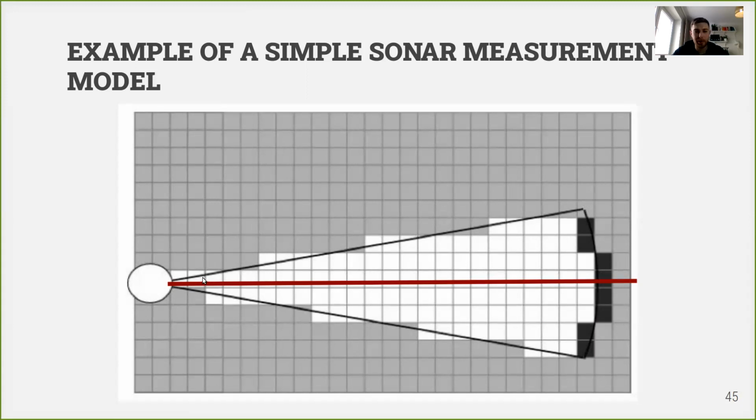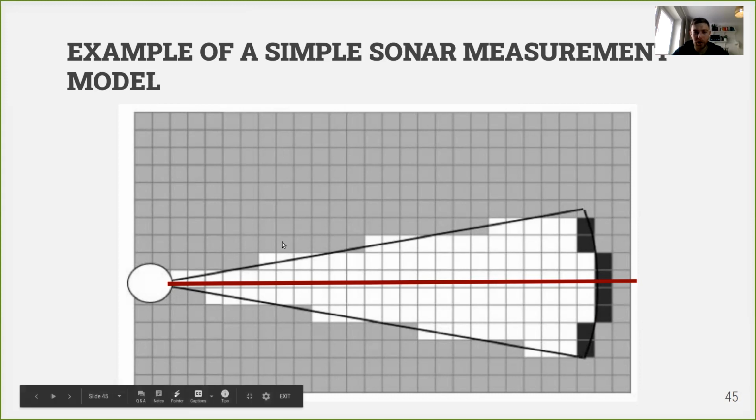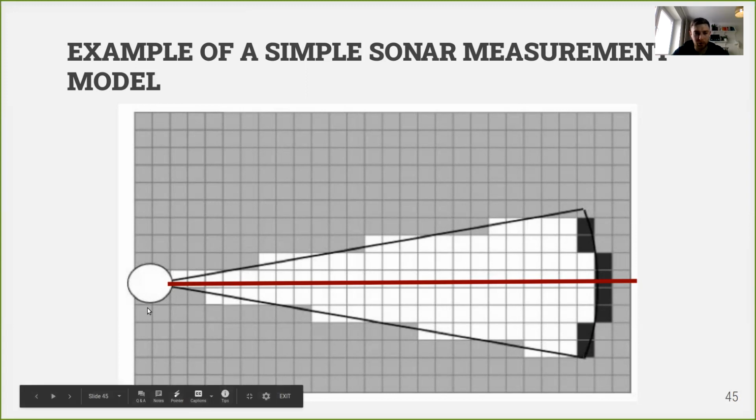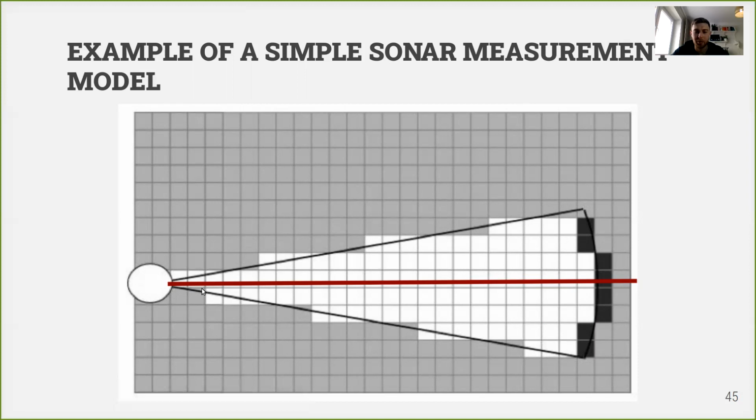You all remember that a sonar has something called a field of view. So we check obstacles within some field of view, which is shown by black lines here. And this is our robot. These black lines are the field of view of our single measurement.